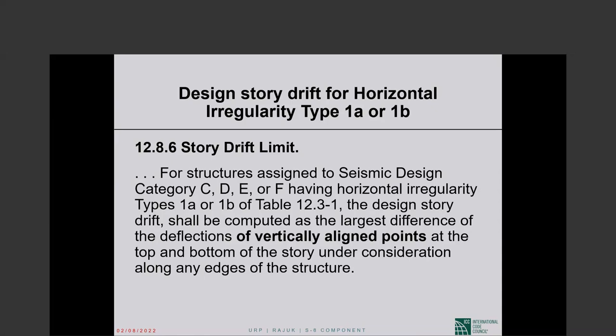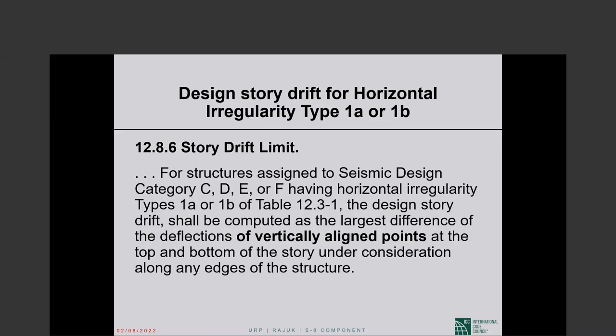So for structures assigned to design category C, D, E, or F having horizontal irregularity 1A or 1B, which would indicate significant torsion, the design story drift shall be computed as the largest difference of deflections of vertically aligned points at the top and bottom of the story under consideration along any edges of the structure.